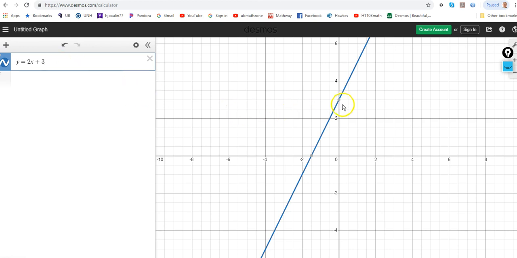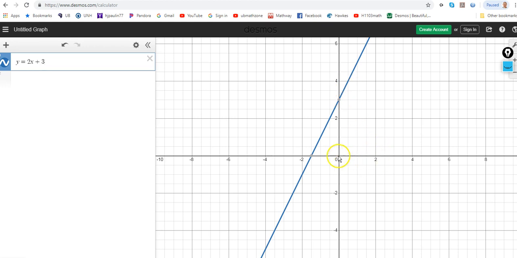Now, notice there is your plus 3, which is the y-intercept. And if you went over 1, up 2, that would give you another point. So the run is 1, the rise is 2.